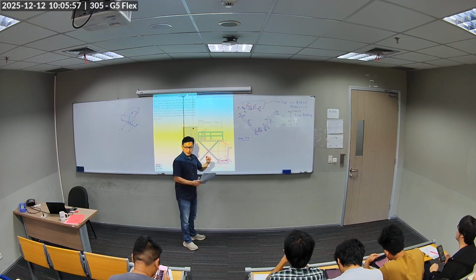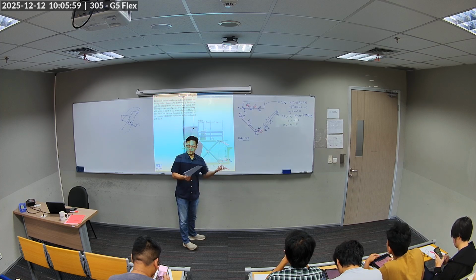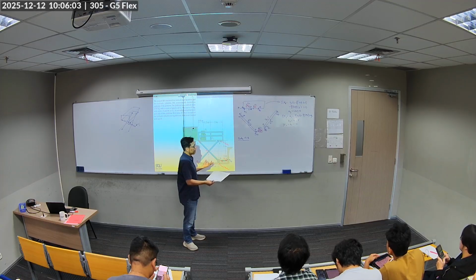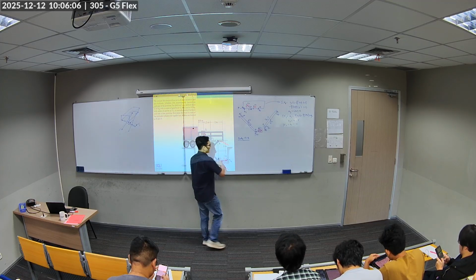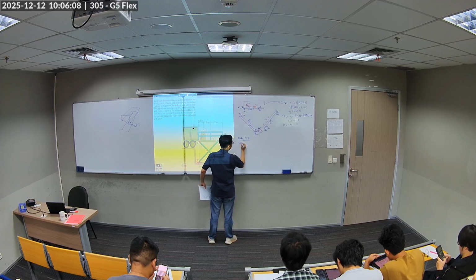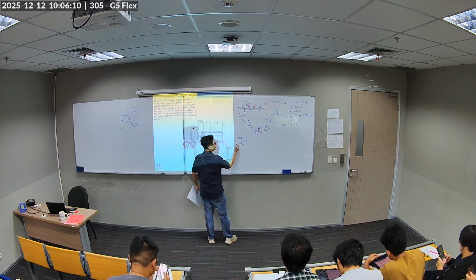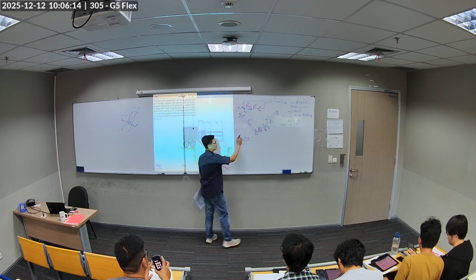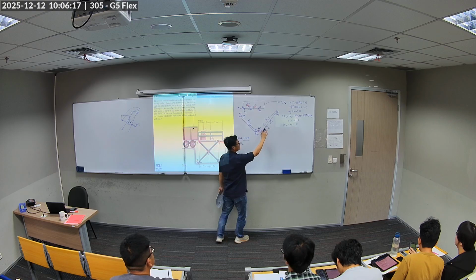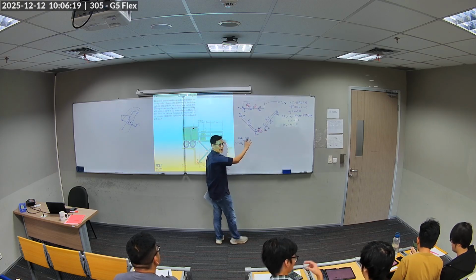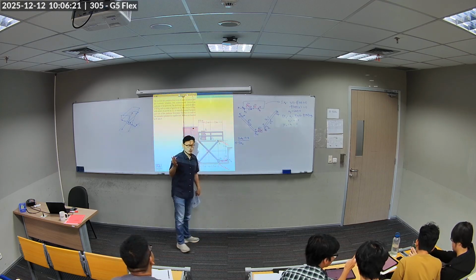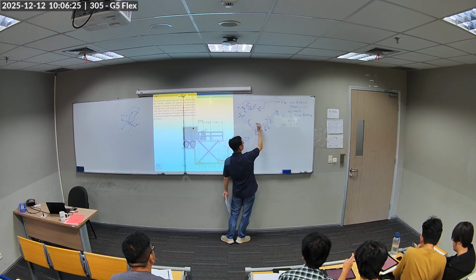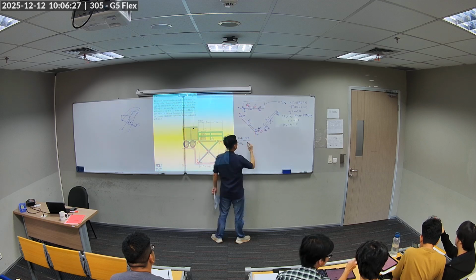I know BY, so I will do sum of moment at F. If I do moment at F, I will eliminate Fx and Fy. The reason I do that is because I will not have enough equations on FCB. I have 4 unknowns. So my strategy is to bridge this to this one.